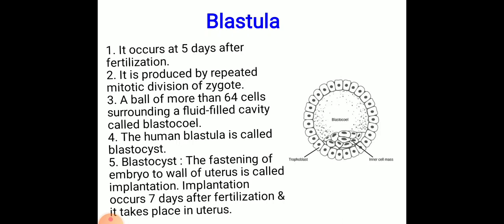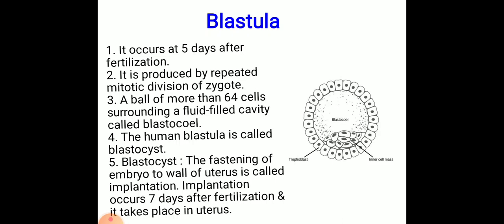So implantation occurs 7 days after fertilization. After 7 days of fertilization, the attachment of the blastocyst to the uterine wall takes place, and this process is called implantation.